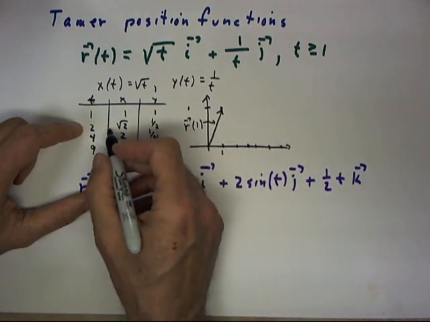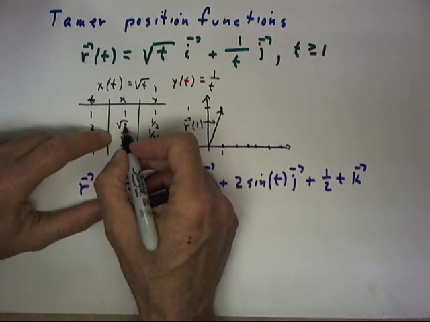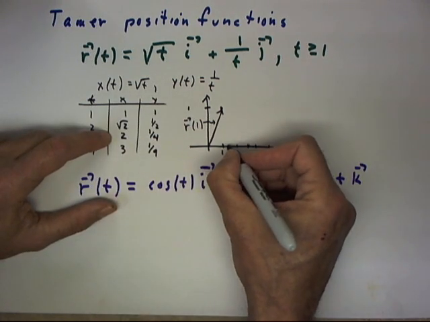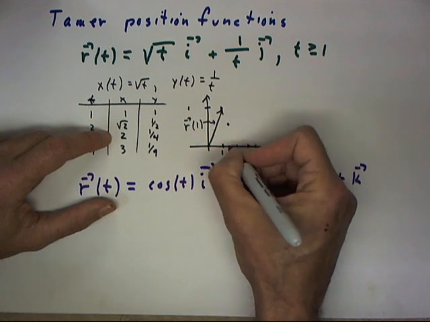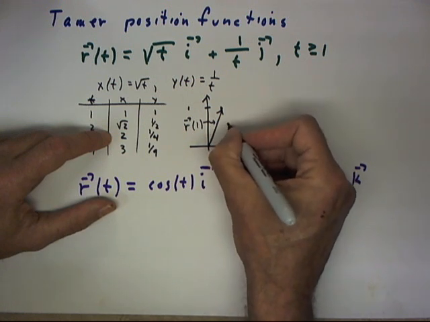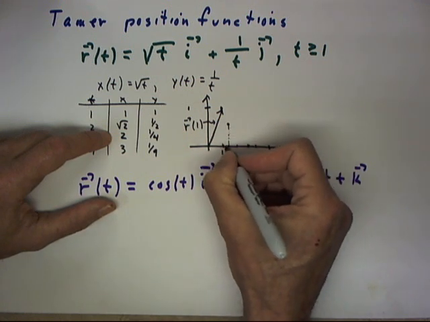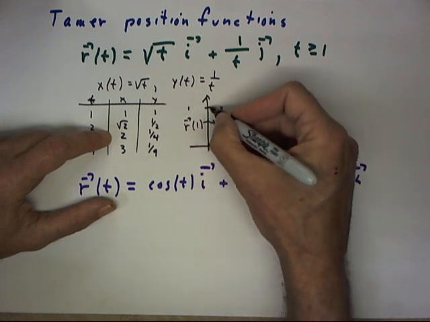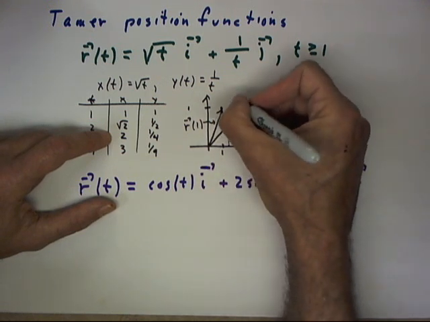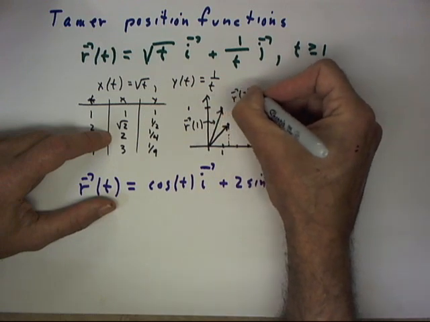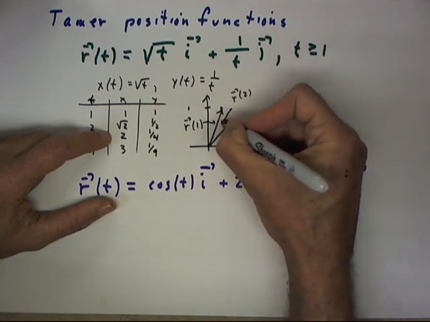At the point t equals 2, x is the square root of 2, which is about 1.4, and y is going to be 1/2. That's going to put us at a point about here, projecting down to a little almost halfway between 1 and 2, and half as high as the x equals 1 point. So this would be our r of 2 vector.